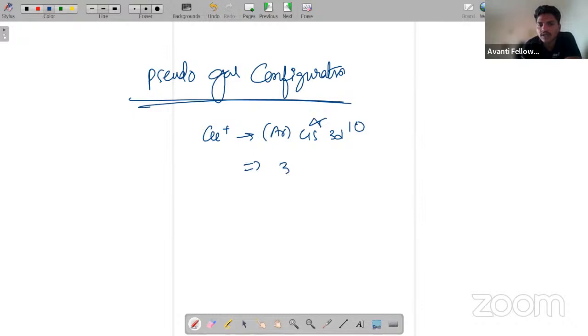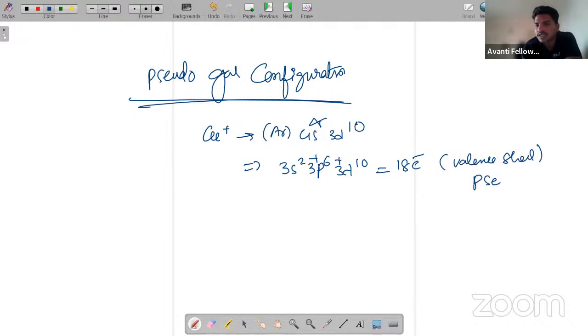Now you have 3s2 3p6 3d10. If you add all of them, you get 18 electrons. 18 electrons in the outermost shell is called pseudo inert gas configuration. I hope you all understand this one.